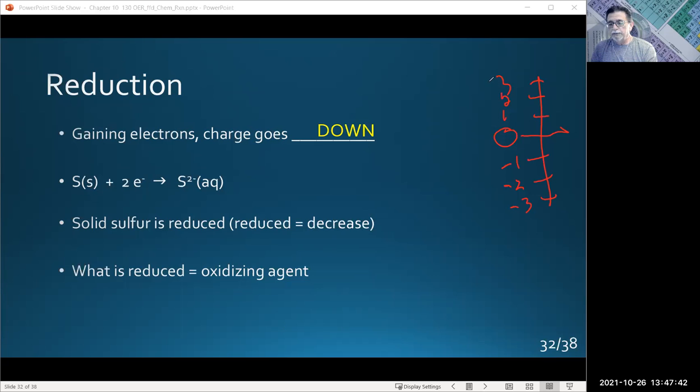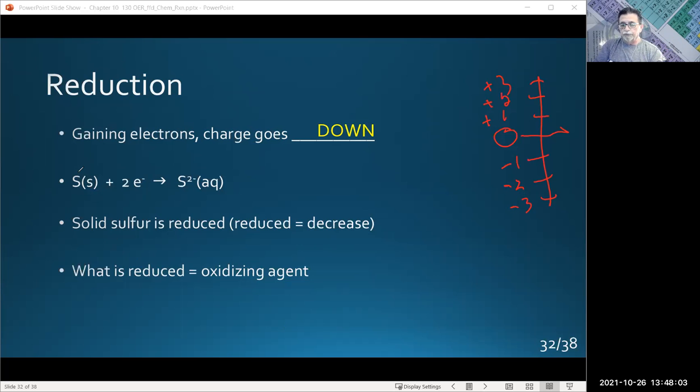Now you can be a +3, +2, or +1, and you can gain electrons and that number goes down. If you start at 0, your number goes down to the negative realm. So your charge or your oxidation number goes down when you gain electrons.